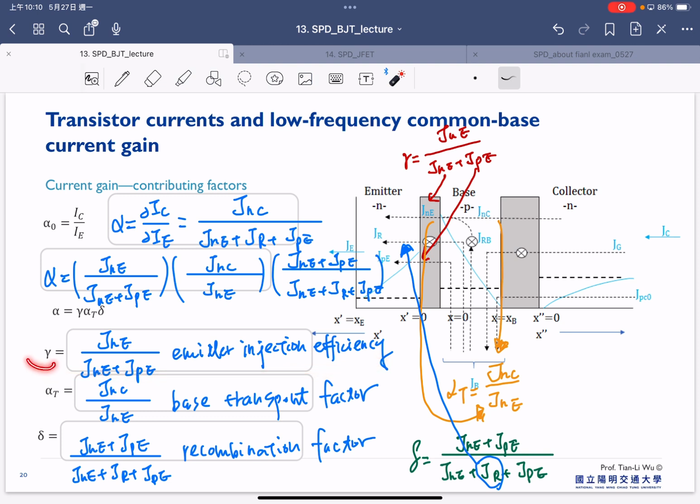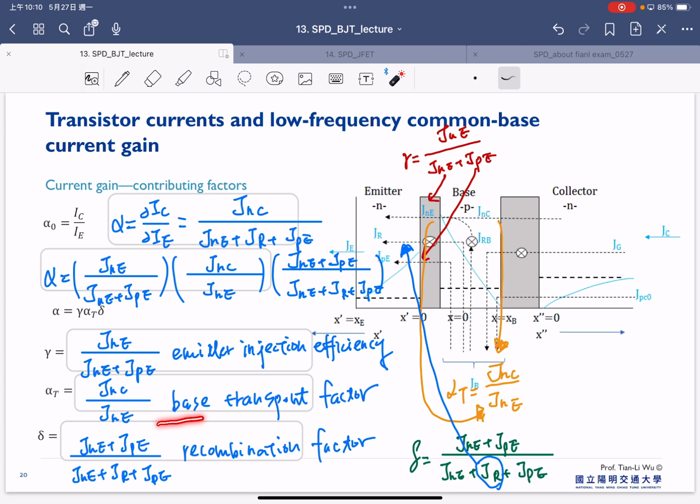For example, the first one, we are curious about the emitter injection, so we calculate the ratio between the electron current reaching the collector over the electron current starting from the emitter.